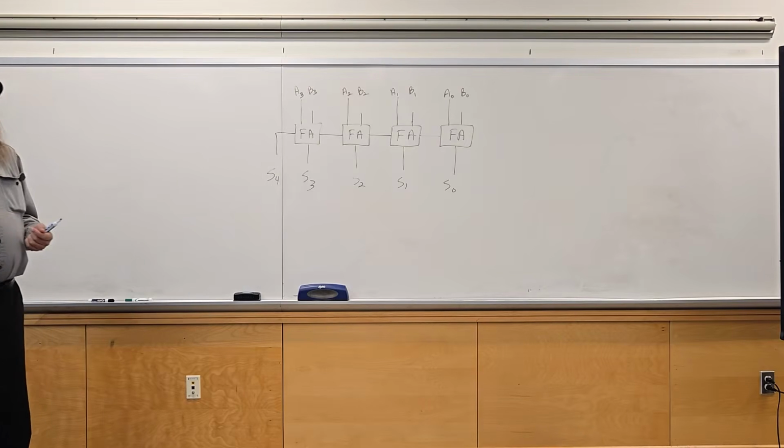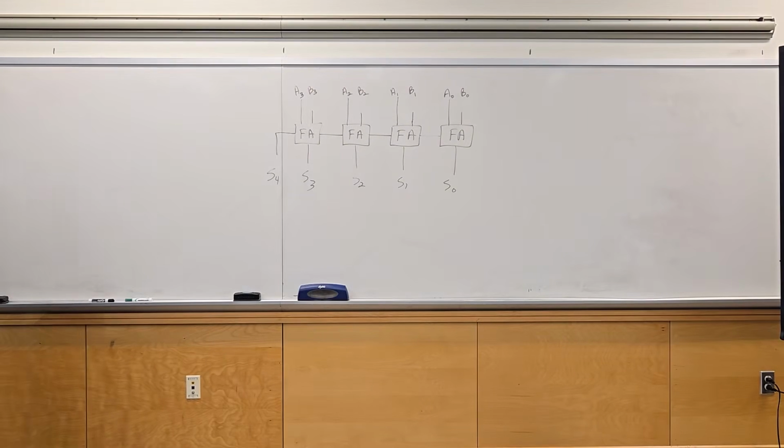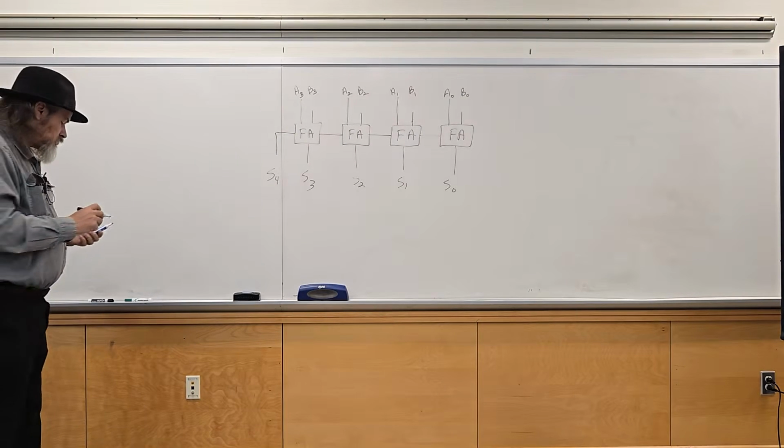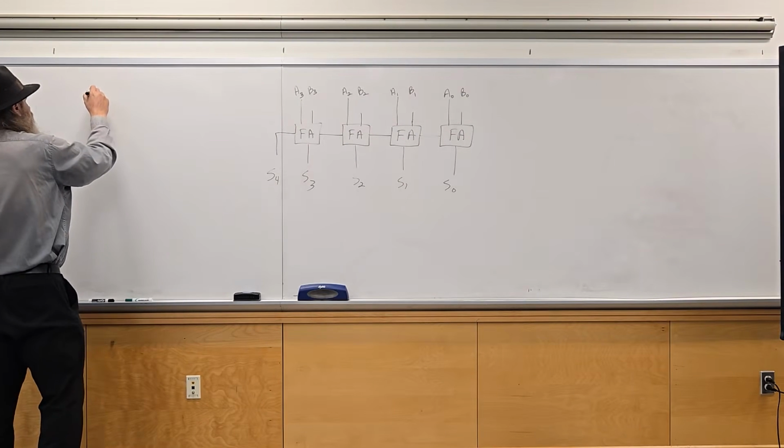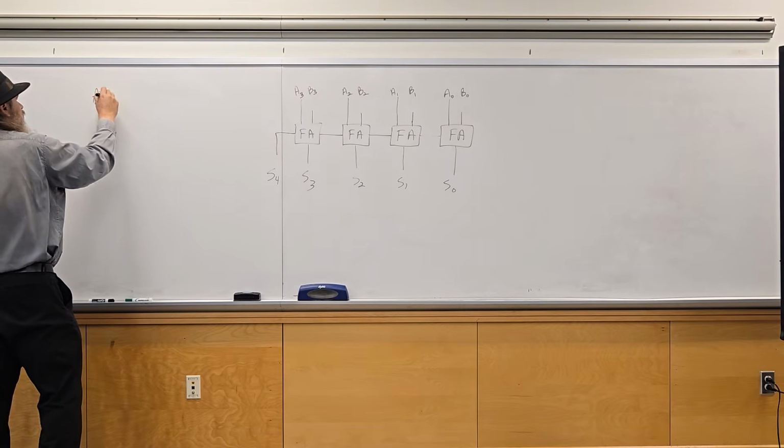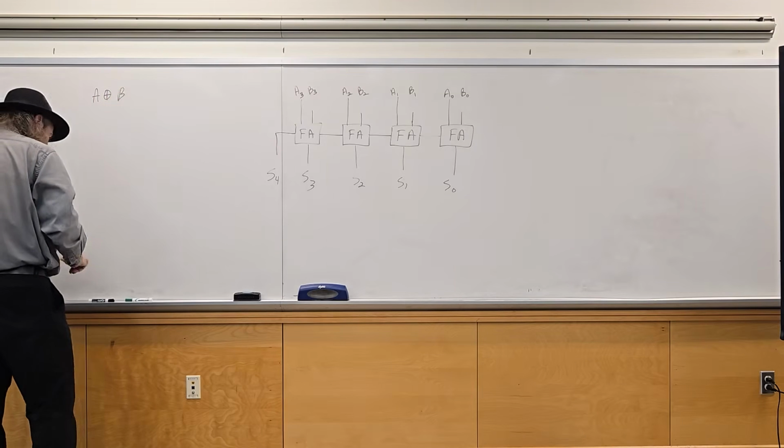Okay, so going back to the first section of the course, how do you make a binary number negative? Flip the bits and add 1. Exactly. So we conveniently have XOR.